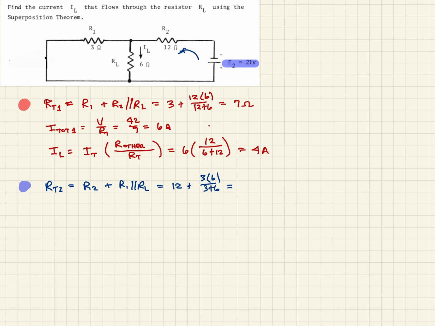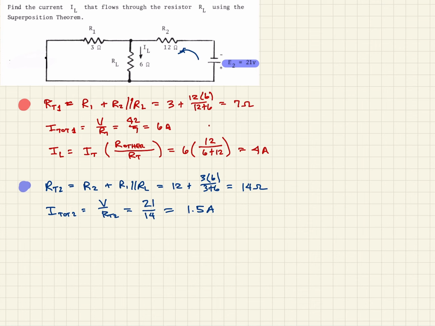And so when we calculate that out, that comes to 14 ohms. So again, we calculate our total. So I total 2, again, is going to be V over R total 2. And so in this case, it's going to be 21 over 14. And so that comes to 1.5 amps.